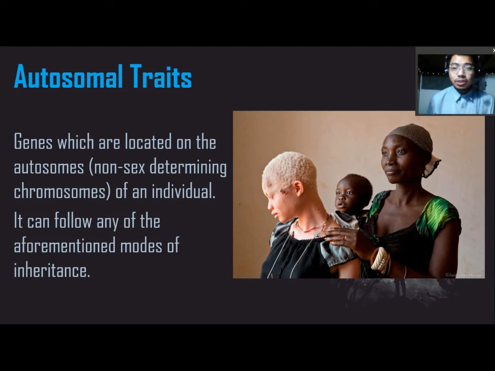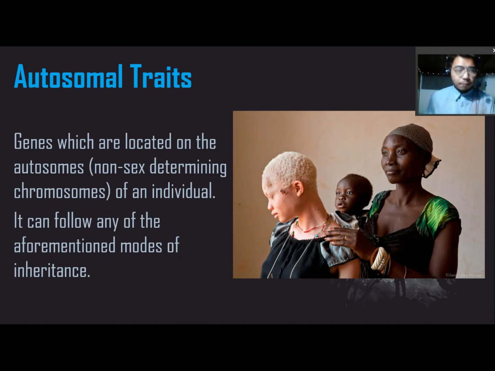Now in this particular example, there's albinism. The presence of the albino gene is an example of an autosomal trait. Specifically, autosomal recessive. Because for you to have albinism, both of your parents should actually possess the albino gene that is simply passed down to you.